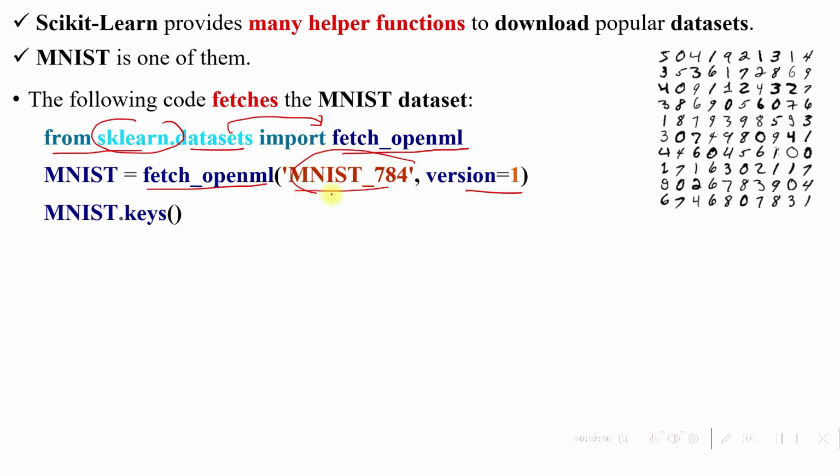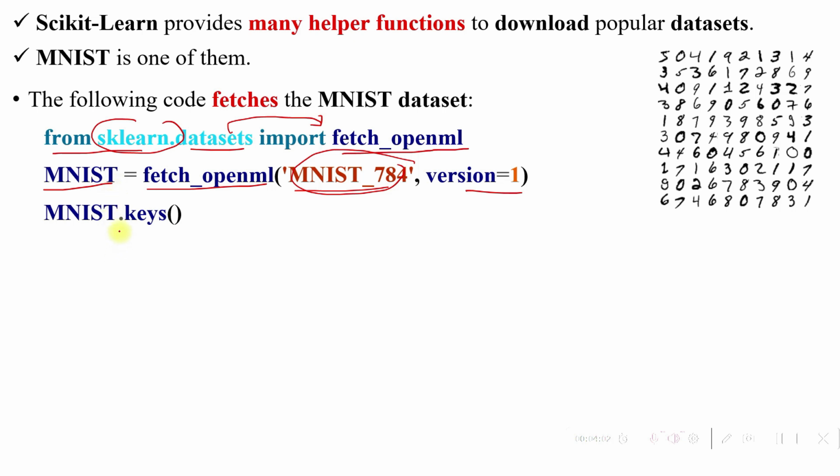Here our dataset name is mnist_784. The dataset is downloaded from OpenML and stored in the variable mnist.